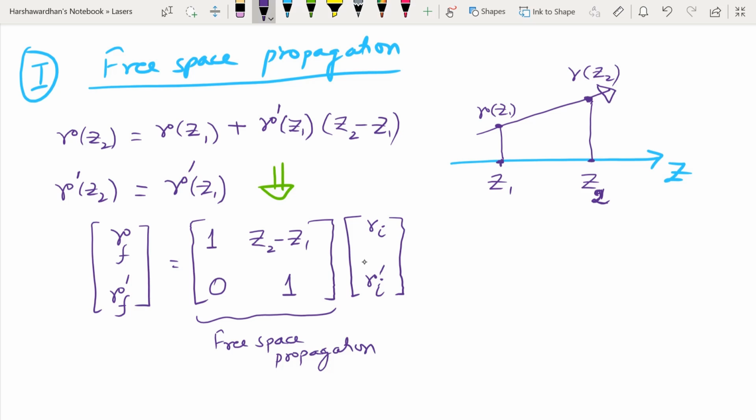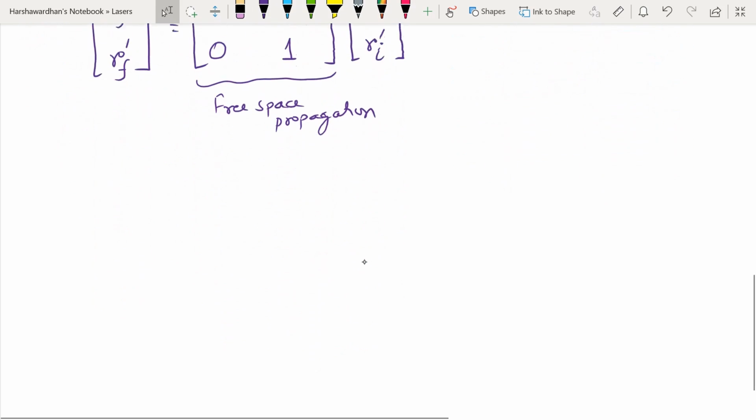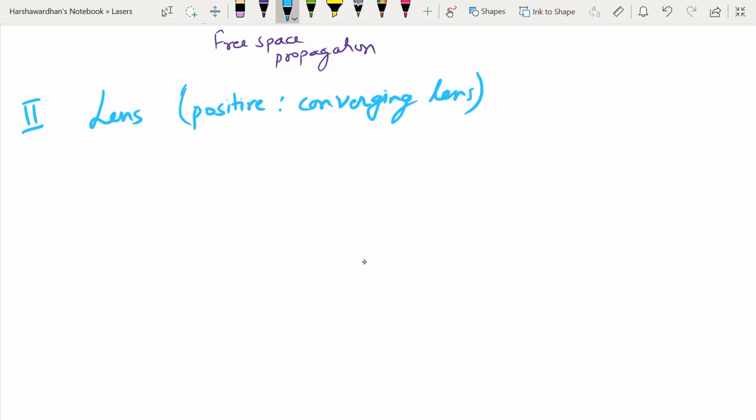Now let us undertake the same exercise for a lens so that we can derive the lens matrix, and I am at the moment looking at a positive or a converging lens. A mere change of sign will give you the negative lens, but let us just look at it here.